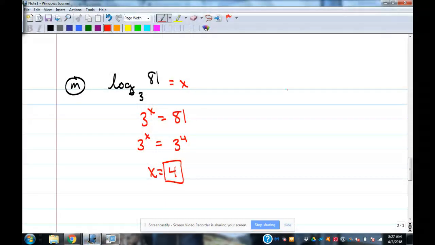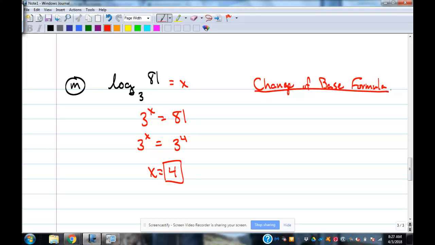There's a thing called the change of base formula that you can use if for some reason you're on a test that doesn't allow a graphing calculator, or for whatever reason you don't have a graphing calculator with you, or you only have access to a scientific for some reason.